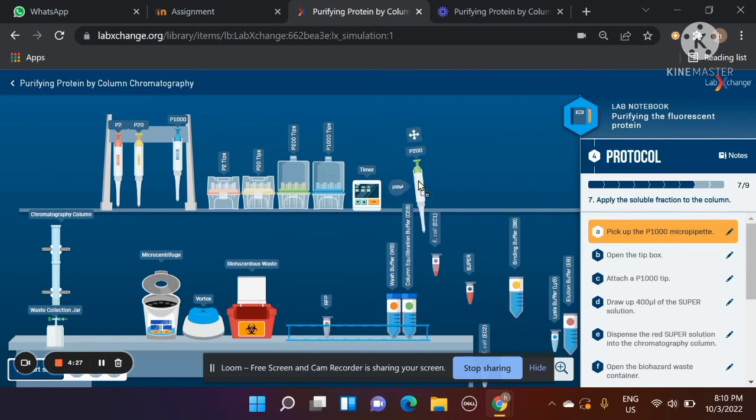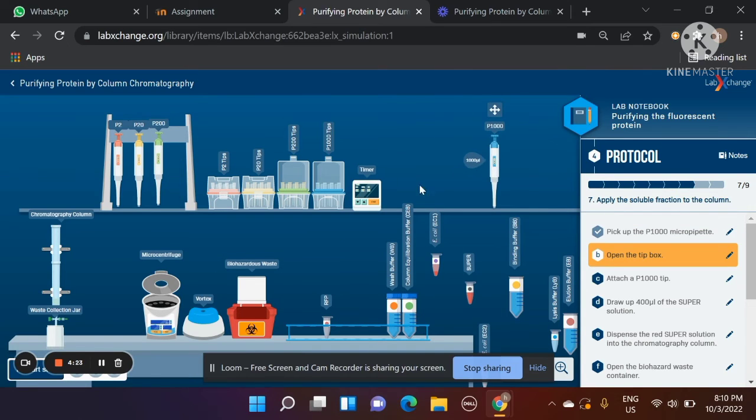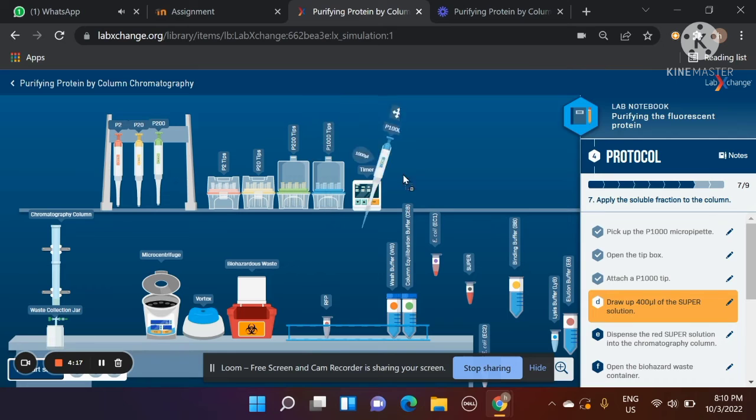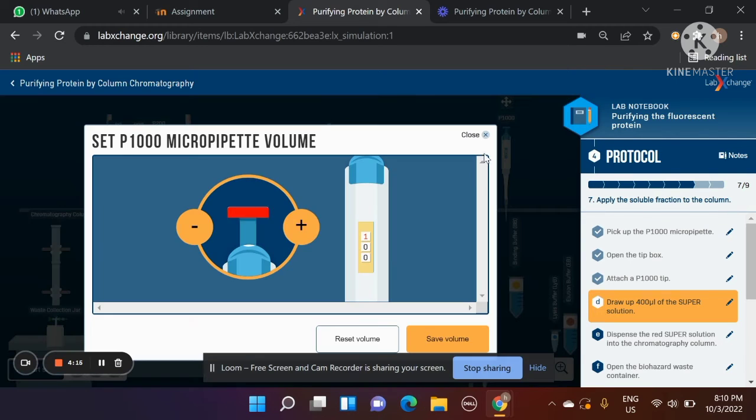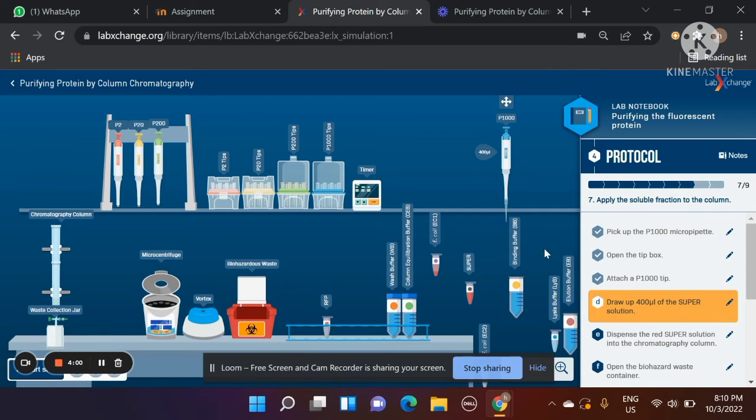For this, we have to take the P1000 micropipette and open the tip box. Afterwards, we have to take the tip and draw about 400 microliters of super solution. Okay, we already got the volume, so save the volume.